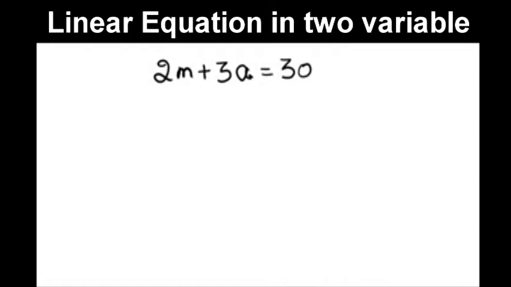So instead of that, I will consider one more equation which also satisfies this equation. If I purchase a single mango and a single apple, I pay, for example, 6 rupees.